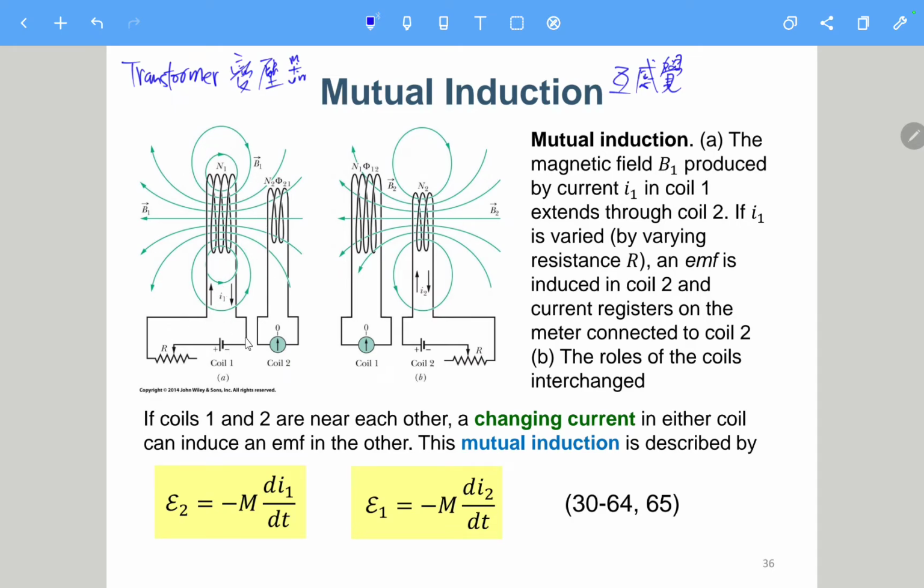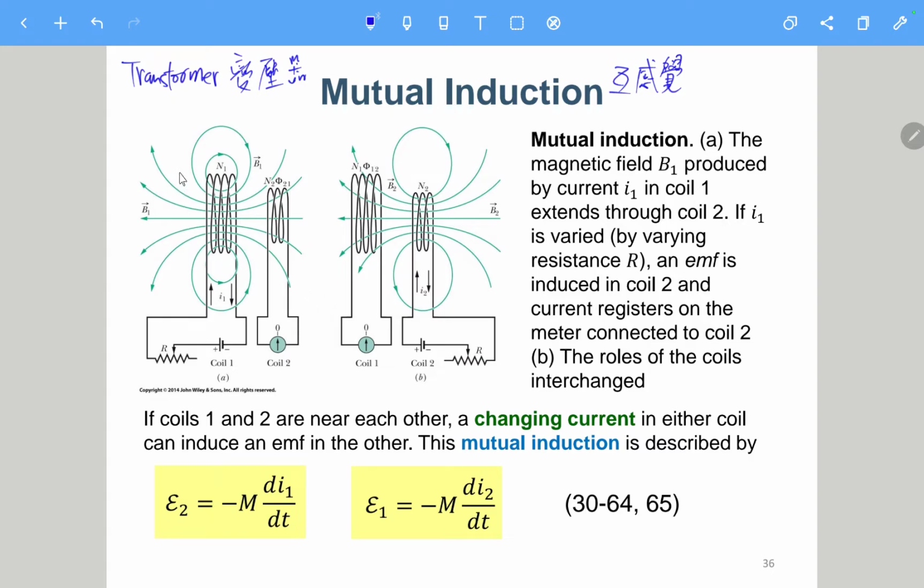For the left one, we have an inductor, or a coil, connected with a battery and a tunable resistor, so that, as I mentioned, it can generate some current going through this inductor, and of course it will generate some B field, just as indicated by the green arrow.